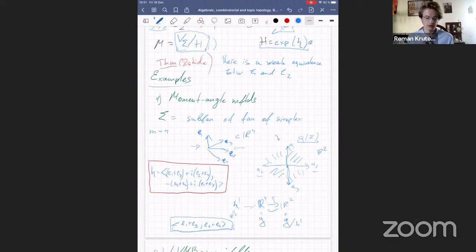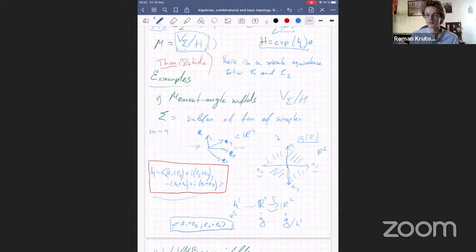So we have to find some complex subspace in C4 such that its projection on the real part gives us this subspace. And for instance, we can choose such H generated by this vector and this vector. So in this way, we obtain some moment-angle manifold, V sigma quotient by H, where this H is the exponent of this linear subspace.